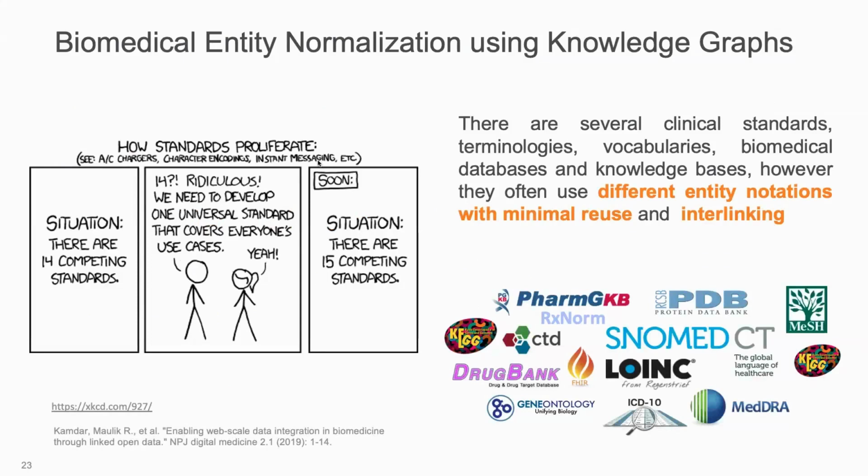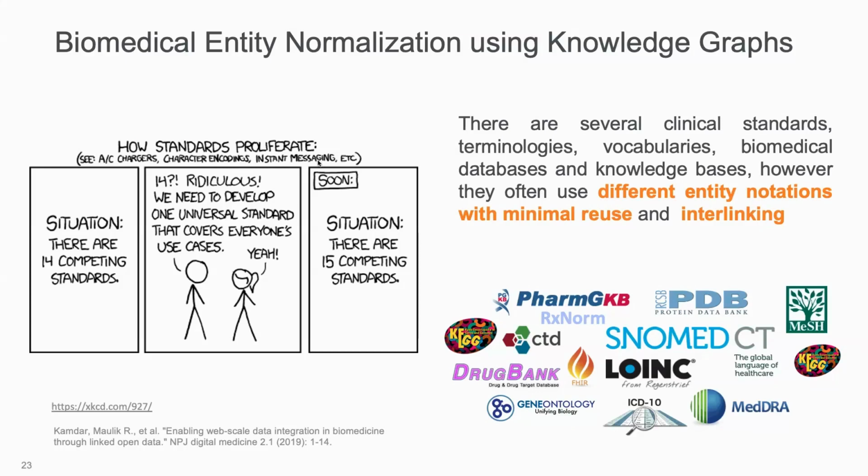So this is a very popular XKCD comic, but it is also true in biomedicine, because there are a lot of different clinical standards, terminologies, vocabularies, biomedical databases, and knowledge bases, which often use their own entity notations with minimal reuse across these different notations and minimal interlinking between the notations.